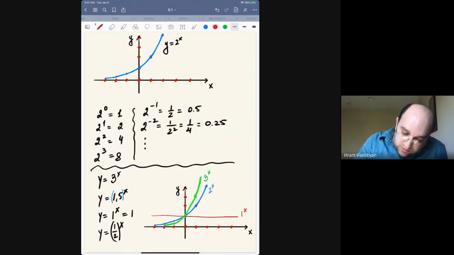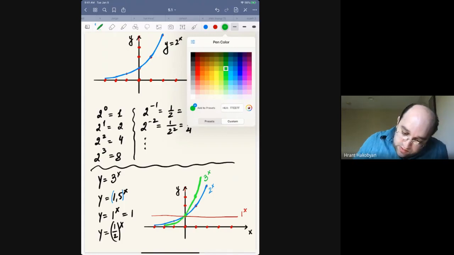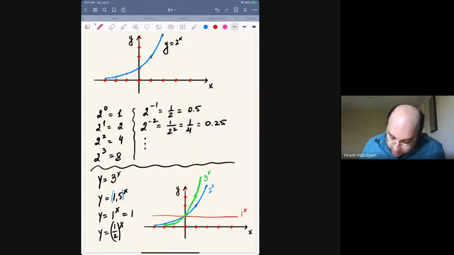Let's try a different color. Let's do pink. Okay, so the pink 1.5, it would have to look like this.